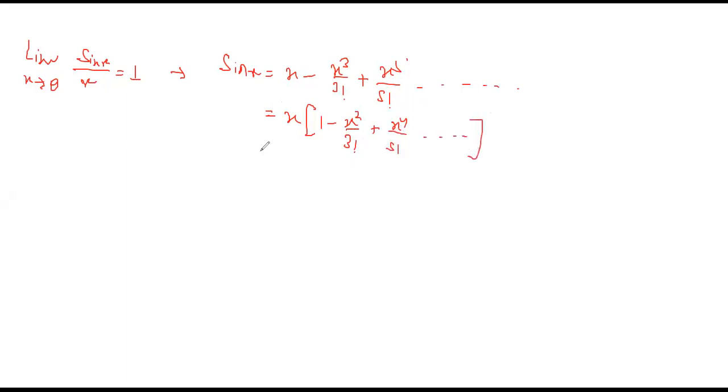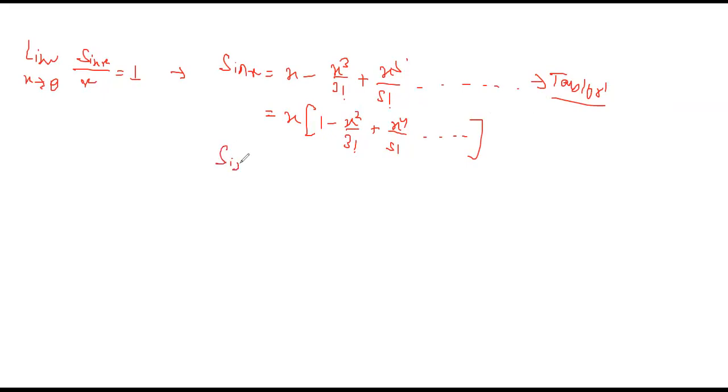Are you getting it? This is the expansion of sin x by Taylor's theorem. Taylor's theorem is a theorem in which we find the expansion of any function. So the expansion of sin x is equal to this.